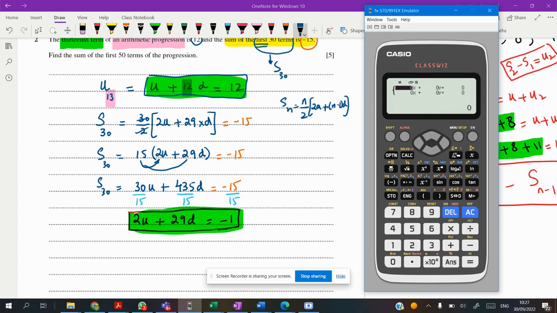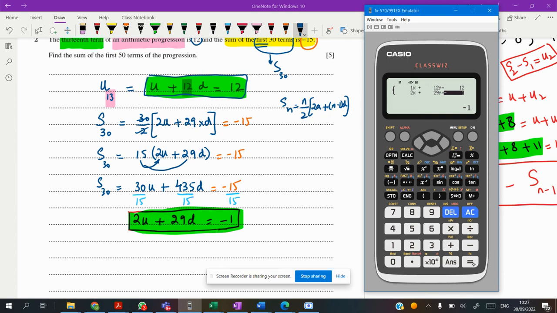So press 2. Now what is the coefficient of u here? 1. Enter. 12, the coefficient of d, enter. On the right hand side, constant 12, enter. In the second equation, the coefficient of u is 2, enter. The coefficient of d, 29, enter. And the constant negative 1, enter. Once you enter all the coefficients of u and d and the constants, you are ready to press the equal sign.